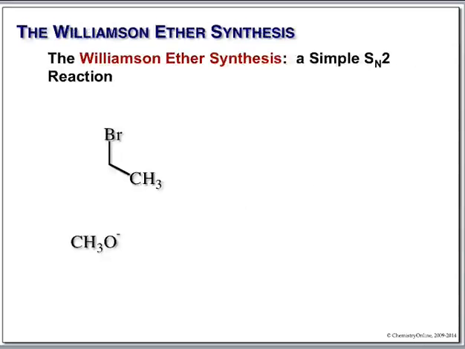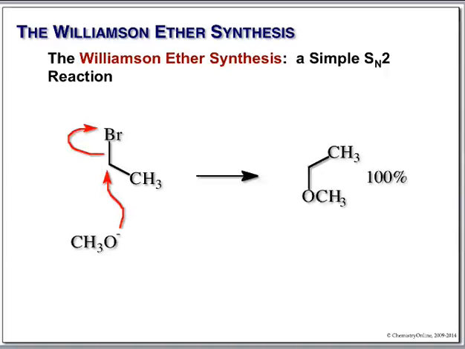It's just an SN2. To make an ether with the Williamson synthesis, all you do is take an alkoxide and an alkyl halide of some sort, simple displacement, bromine leaves, and we make the ether. The reaction goes essentially quantitatively with simple primary alkyl halides. Very nice, very happy reaction.